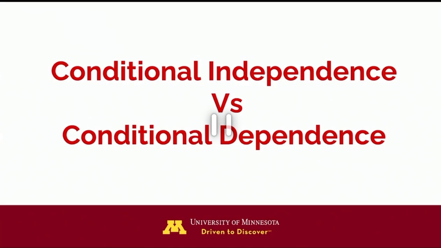That is the reason why we want to benefit from the idea of conditional independence. Initially there's an arrow that connects two variables, but upon observing the third variable, the arrow disappears. That's what we mean by conditional independence.